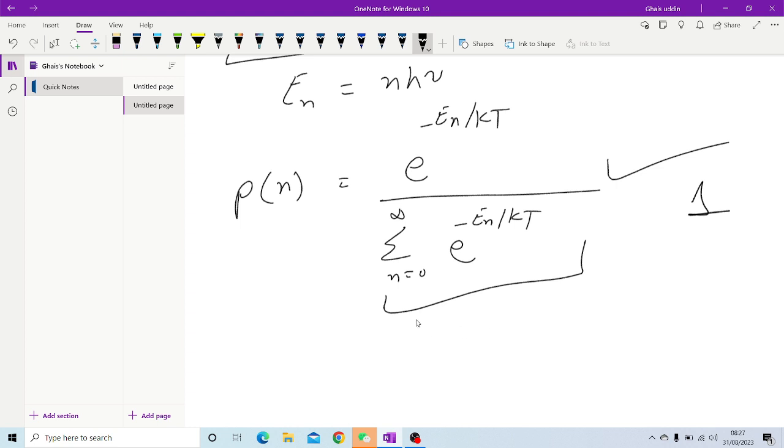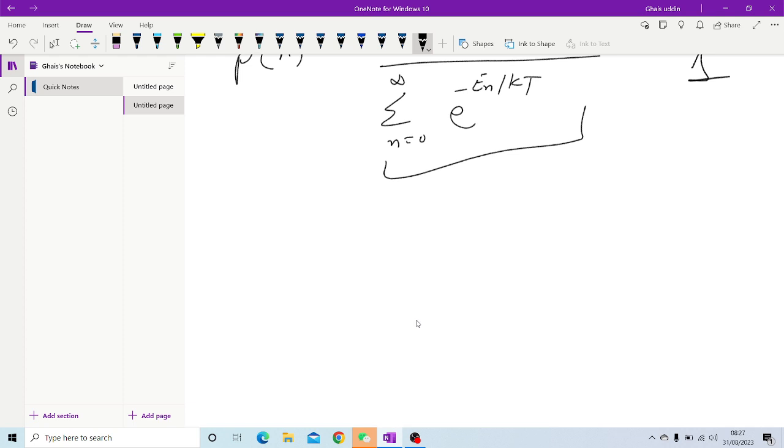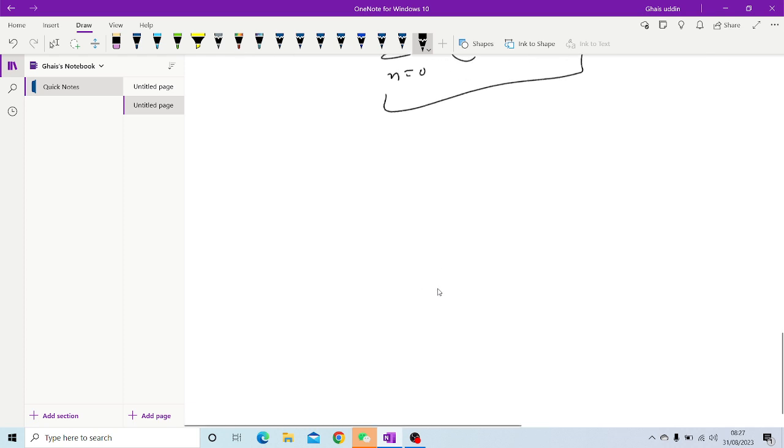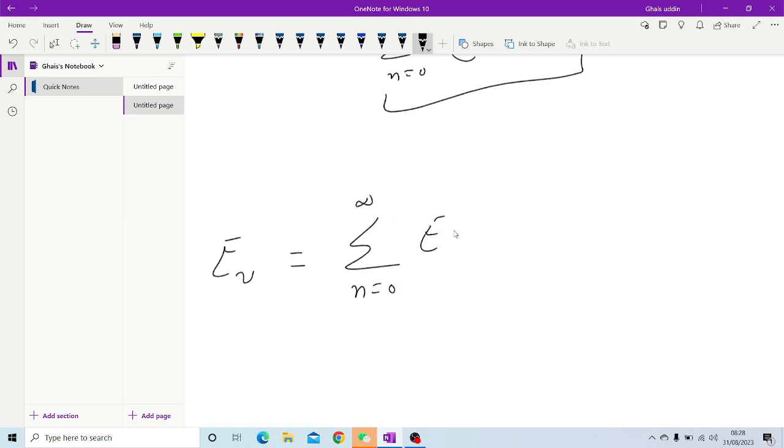We also know that the mean energy of the mode of frequency nu, E nu, is equal to the summation from n equals 0 to infinity of En times the probability of n.